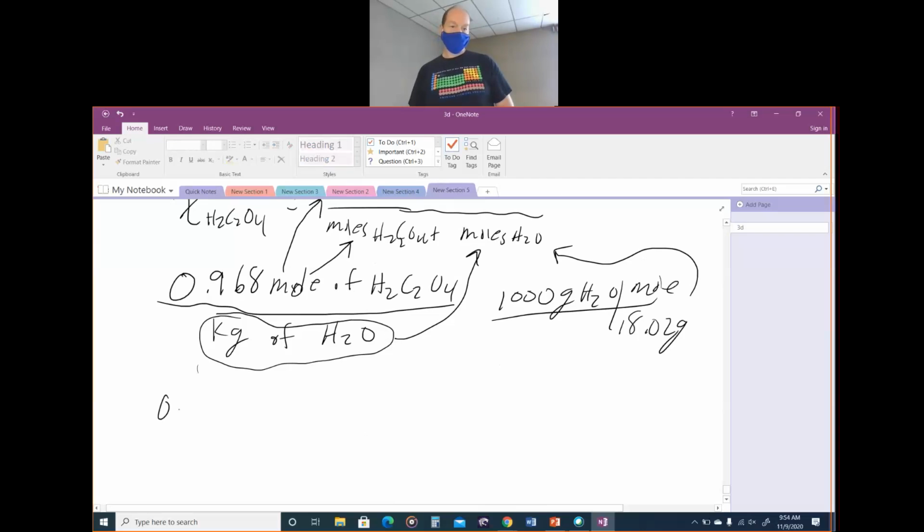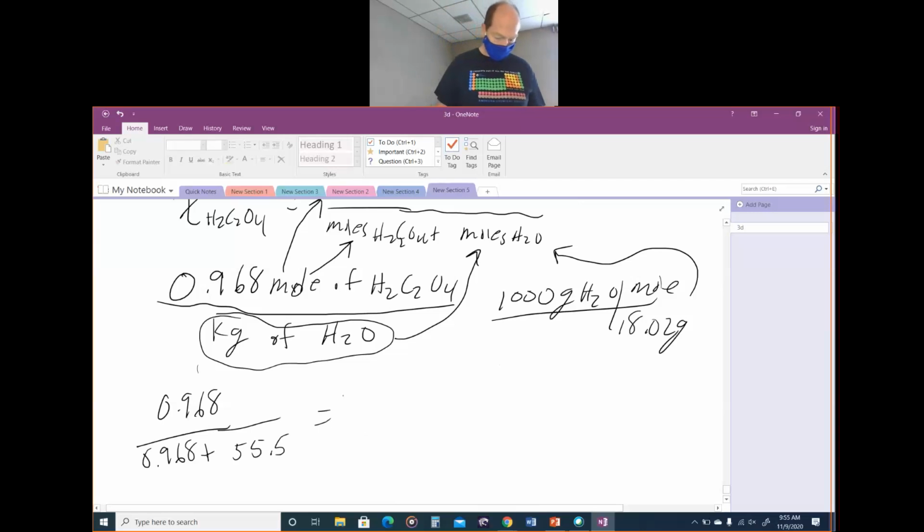All right, so you've got your 0.968 divided by 0.968 plus 55.5. And that gives you a mole fraction to 3 sig figs of 0.0171.